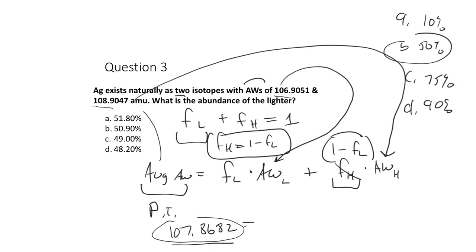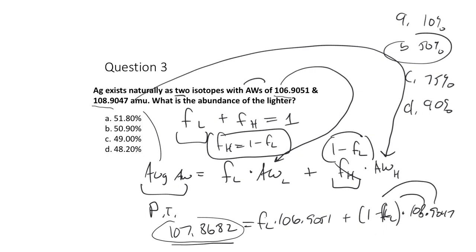But we just want to set this equal to the fraction of the lighter isotope times 106.9051, plus 1 minus the fraction of the lighter isotope times 108.9047. We have to factor this in.